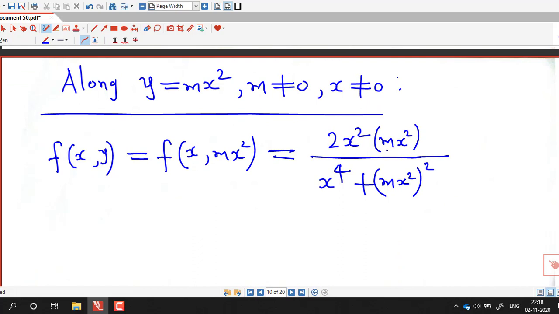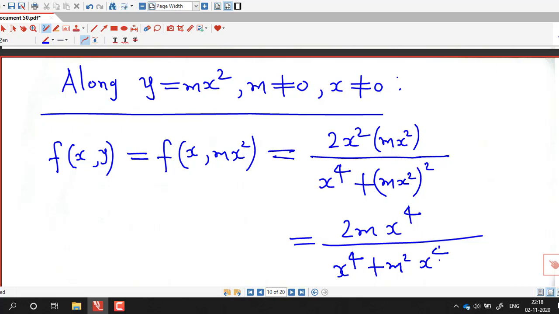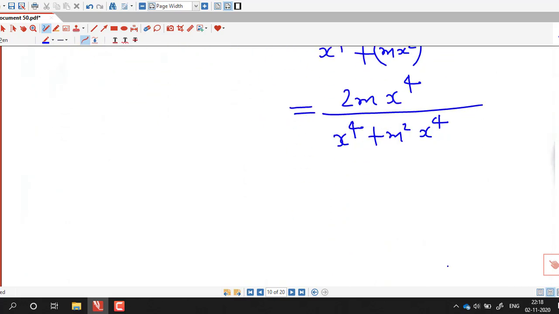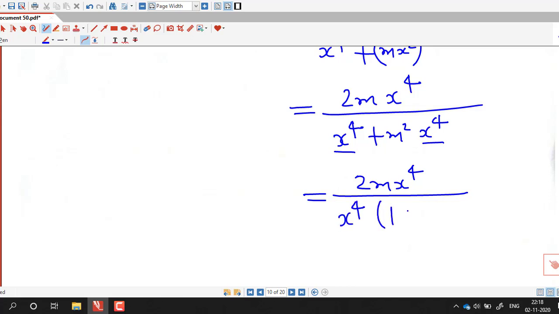So 2x square y is replaced by m into x square, and this we can rewrite as 2 times m x raised to 4 over x raised to 4 plus m square x raised to 4. So you can see x raised to 4 will cancel out. Here we have x raised to 4 in both the terms, so we take x raised to 4 outside and we have 1 plus m square.